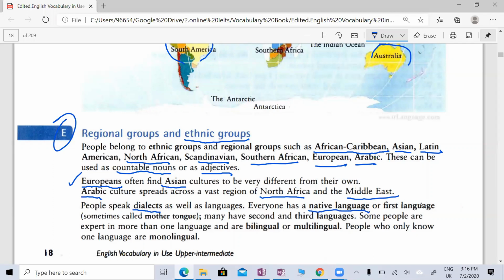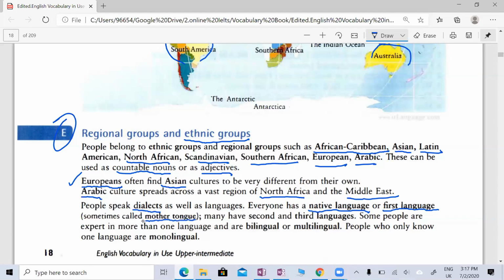Native language is also called your first language, and then you can have a second language or the languages which you have acquired with the passage of time. But there is always a first language, the language which was your first language as a child, or your native language, sometimes called mother tongue.